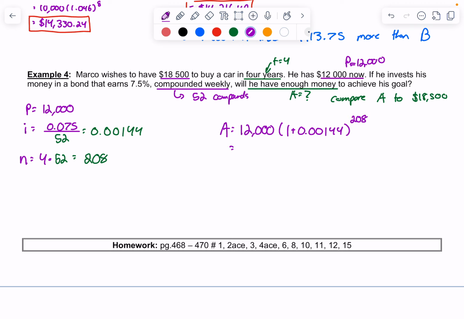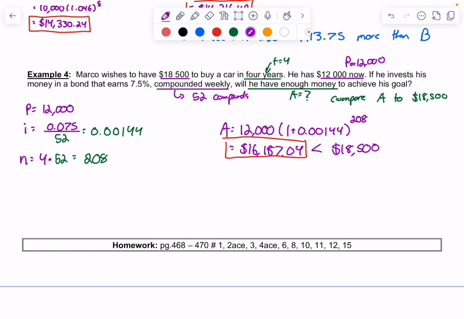Let's see what we get. 1.00144 to the power of 208, times that by 12,000, and we'd have $16,187.04. So if this is how long Marco put the money in, no, he would not be able to achieve his goal because that is less than 18,500.